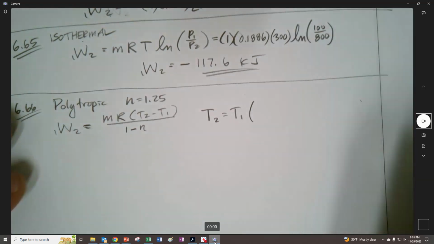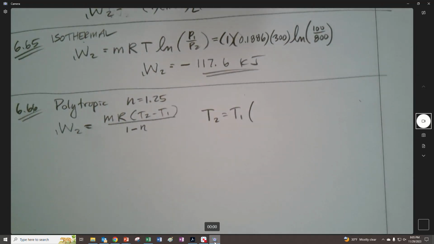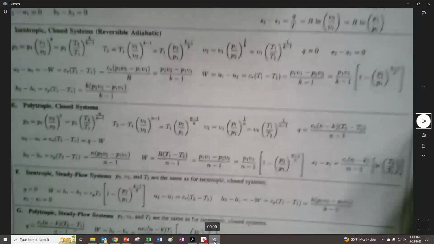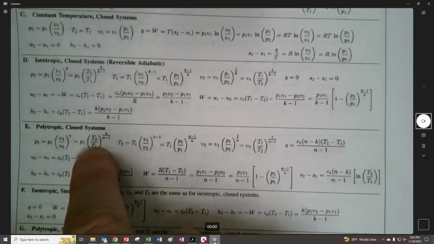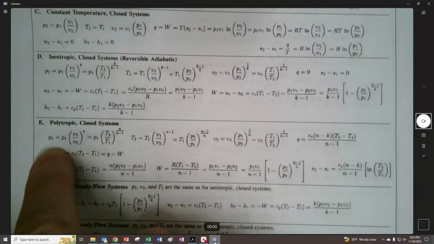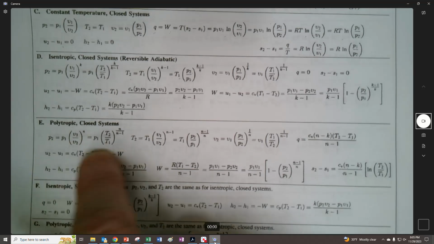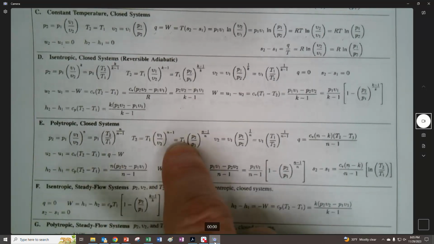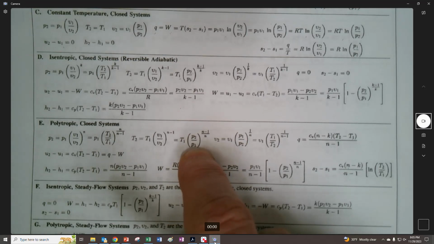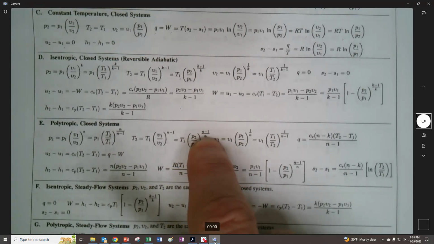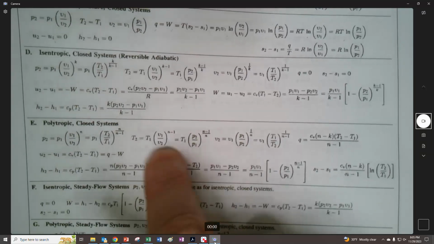Let's go for the polytropic, and we see that we need T2. T2 is going to be equal to T1 times P2 over P1 raised to the (n minus 1) over n. So yes, that's the one that we need.